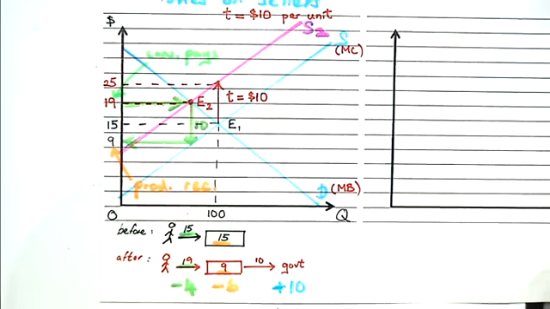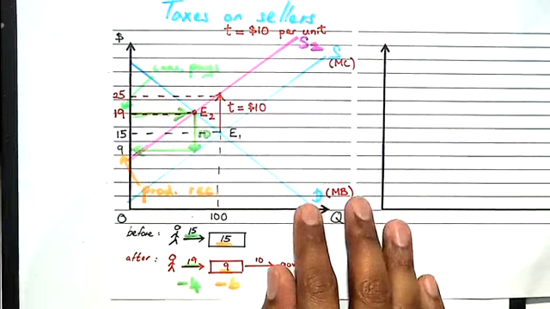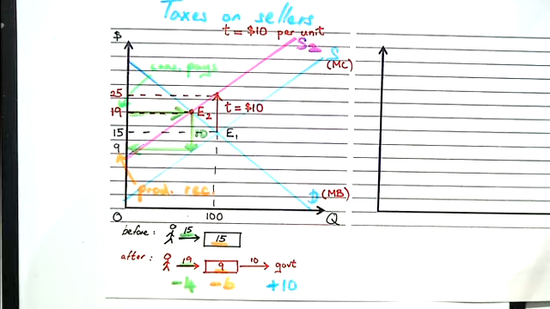Who did the government actually impose the tax on? The government asked the seller to pay the tax, yeah? But then what did the seller do? They pass some of it to the consumer. Could they pass all of it? No. They pass some of it, but not all of it.